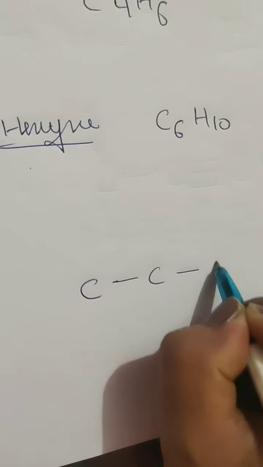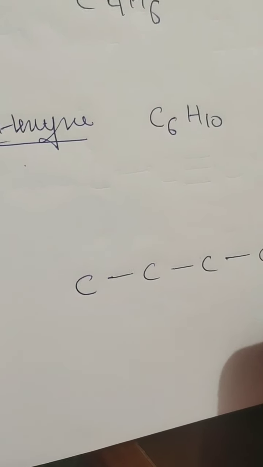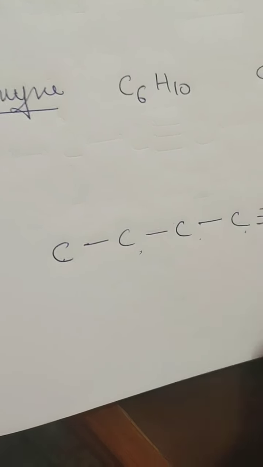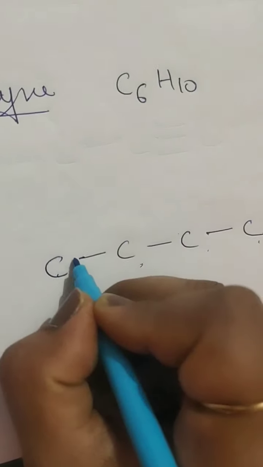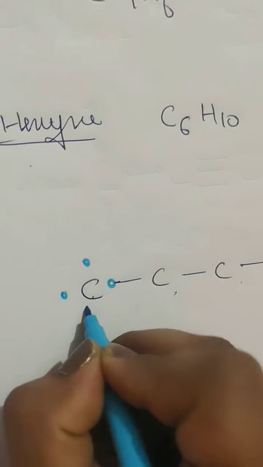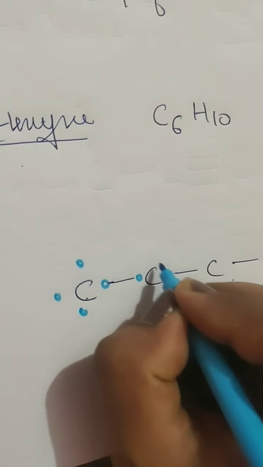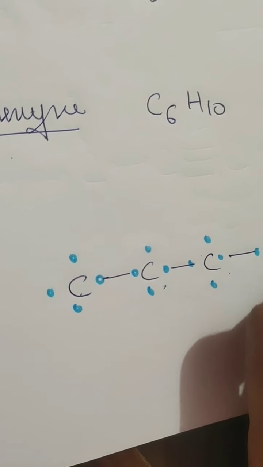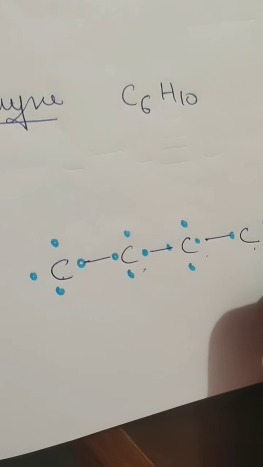Okay, so now this carbon is 4, 5 and 6, 1, 2, 3, 4, 5, 6. For example, here is a triple bond. So carbon is having 4 electrons, this is having 4 electrons, again having 4 electrons, this is sharing all the 4 electrons with the carbon atom.